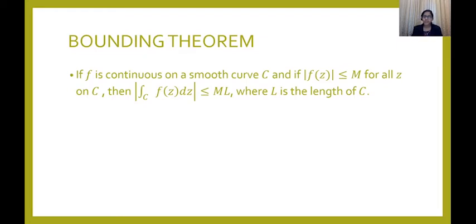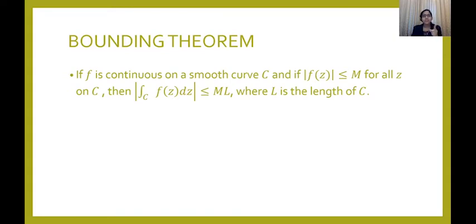That is, we are given a function f on a smooth curve C, and if the modulus of f(z) is less than or equal to M, that is, mod f(z) is bounded, then the integral over C of f(z) dz would be less than or equal to M into L, where L is the length of the curve. So we have two terms, M and L. The function f(z) will be given to us if we are asked to find the bound.